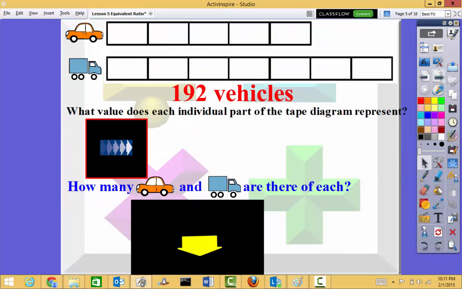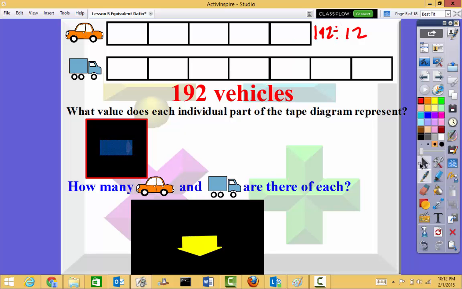So let's look at this part. What value does each individual part of the tape diagram represent? Well, I know the whole entire thing is 12 boxes. And of those 12 boxes, I have 192 vehicles. So what I need to do is figure out how much each box equals. I need to break them up into equal groups.